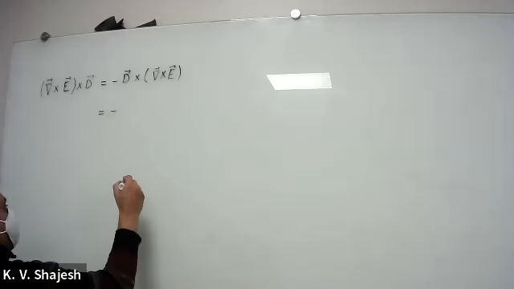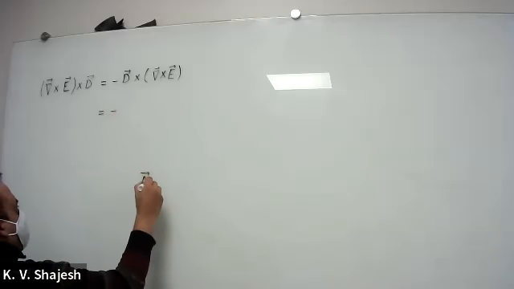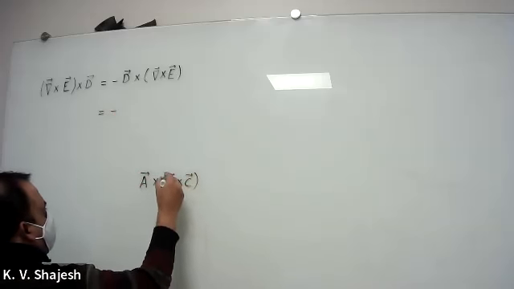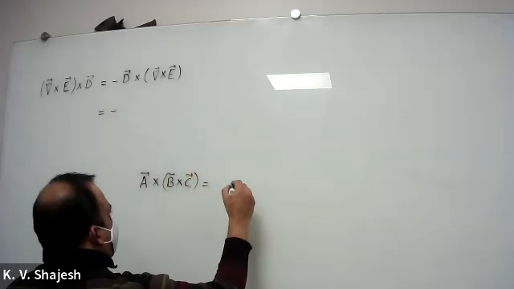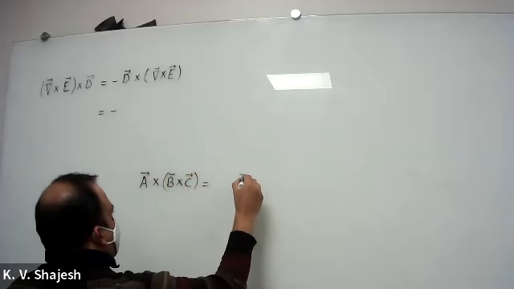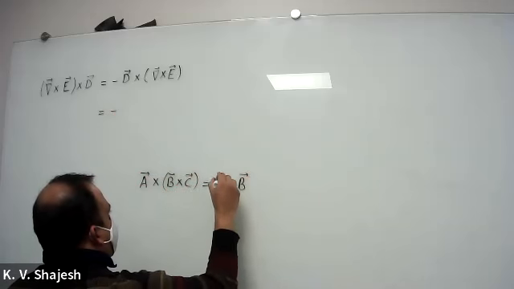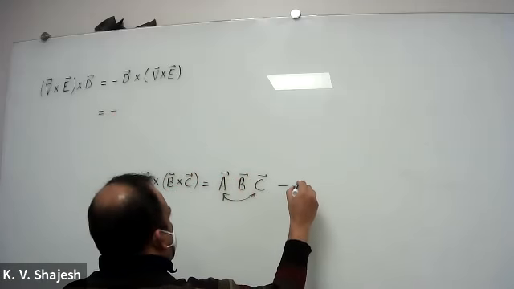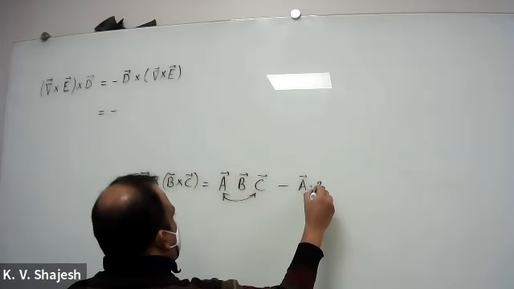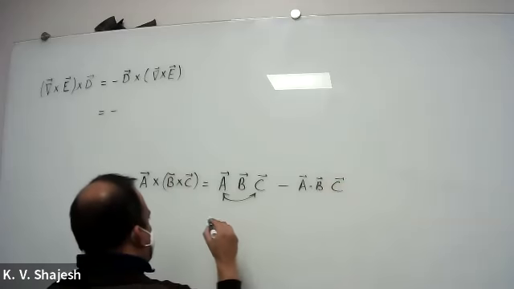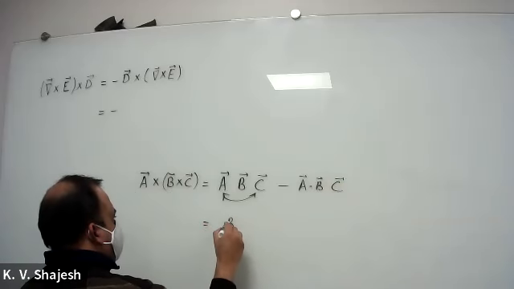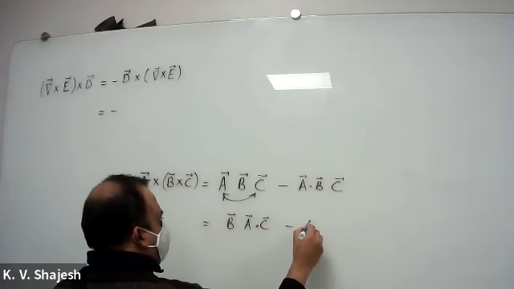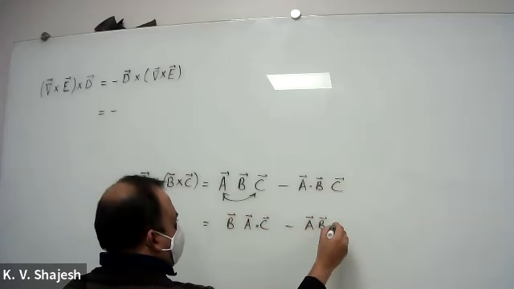Remember your A crossed with B crossed with C. It's back cab, right? So first there is B, and then A and C come as dot product, right? Minus of A dotted with B times C. This is typically written as B A dotted with C. Right?